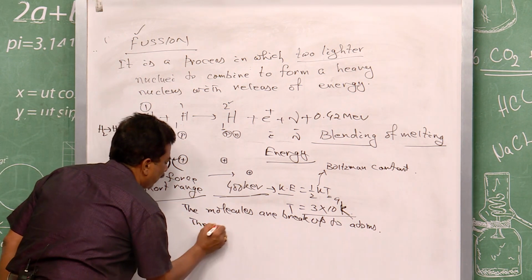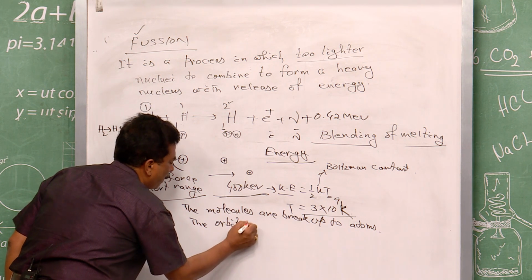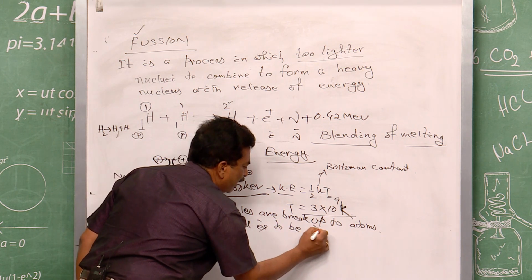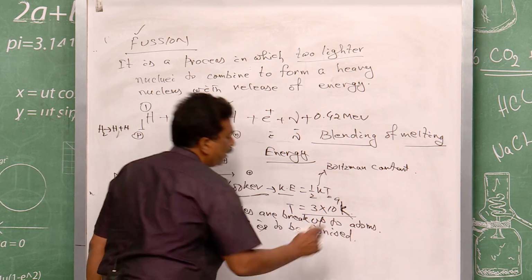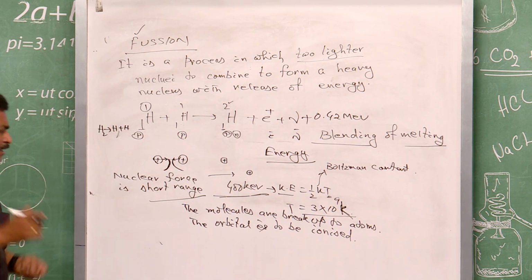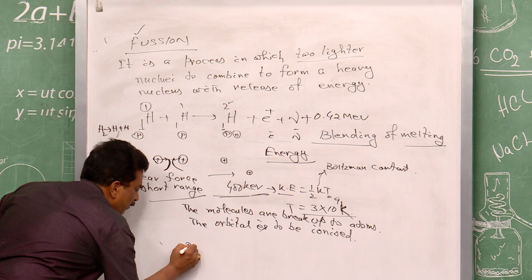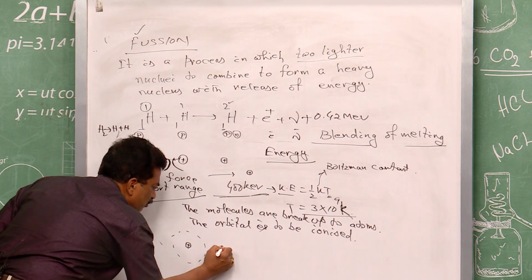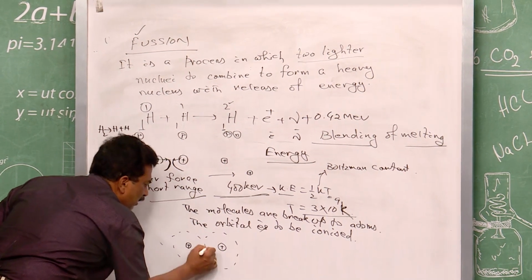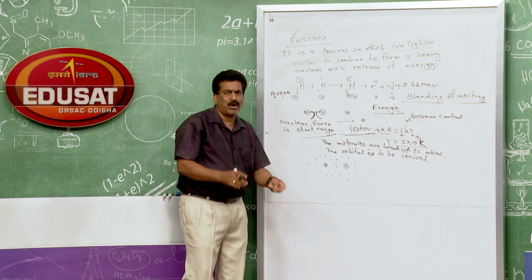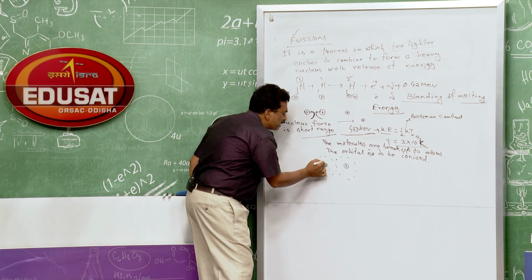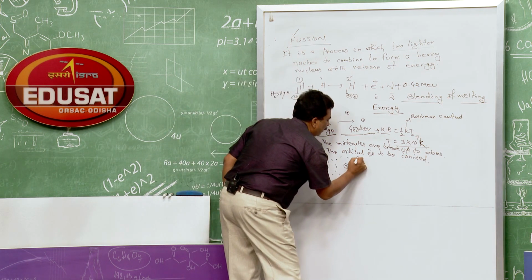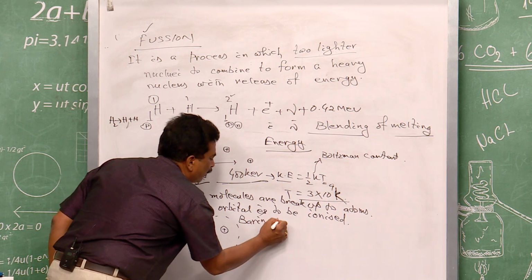When the orbital electrons are ionized, the nucleus is without electrons, which we can call a bare nucleus.